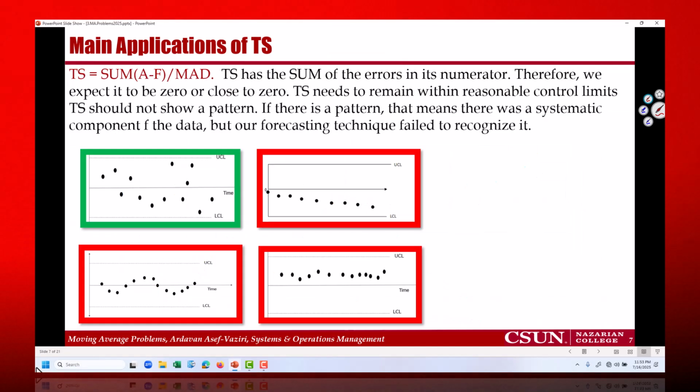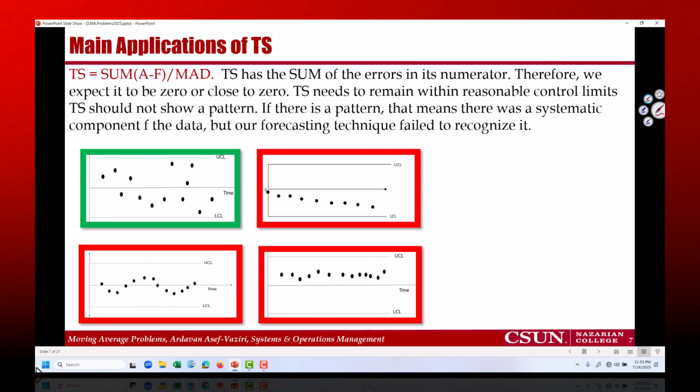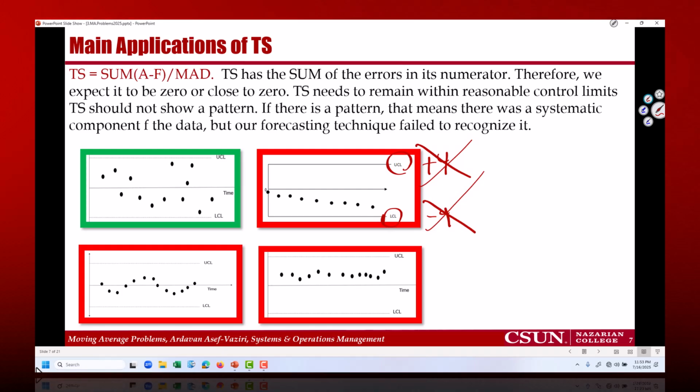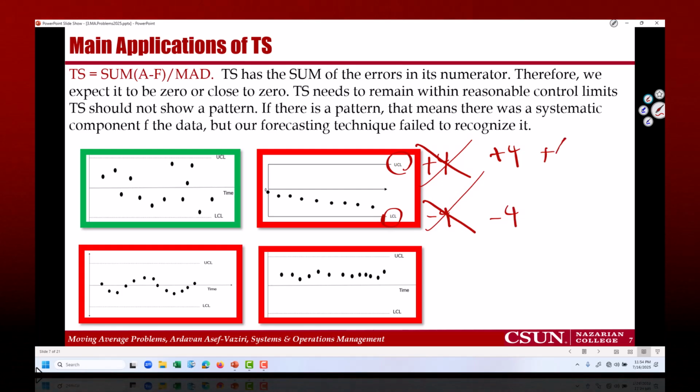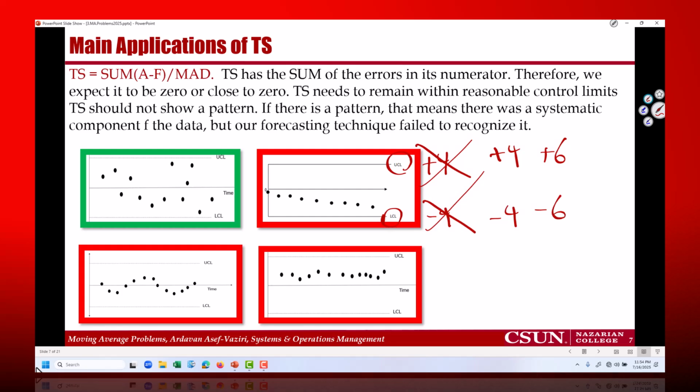When we compute tracking signal, we think about an upper control limit and a lower control limit. In some books, it is written that they are between -4 and +4. This is incorrect. Based on your experience with your data, you may say it is +4 and -4, or plus, for example, 6 and -6, or +10 and -10.